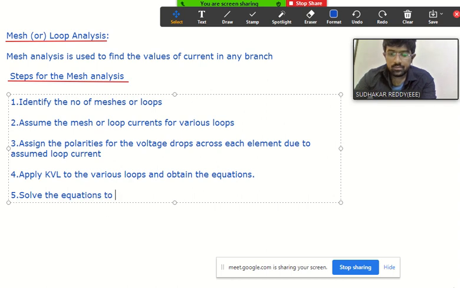to find the values of various loop currents.